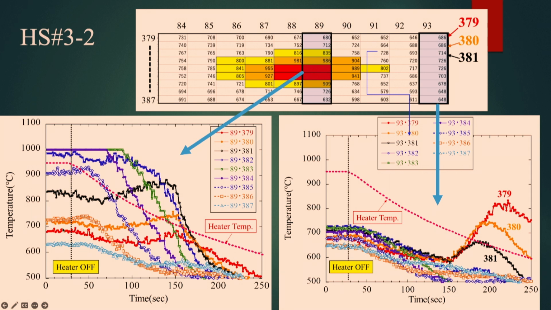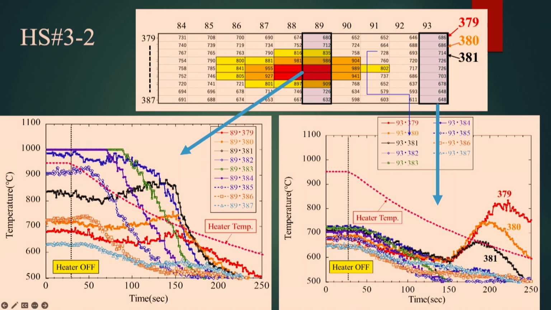And this spot is also above the heater temperature. And at this time, the heater is switched off, and some pixels first decrease and then rise like this, in a very strange manner.